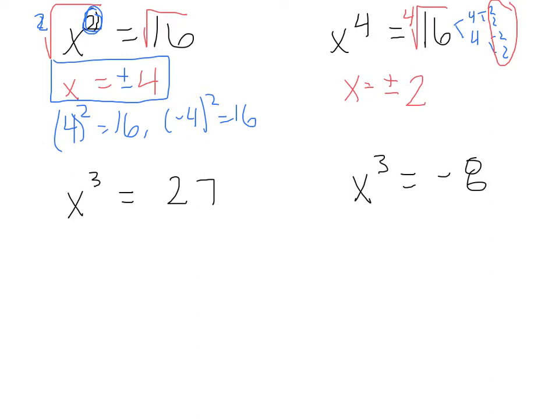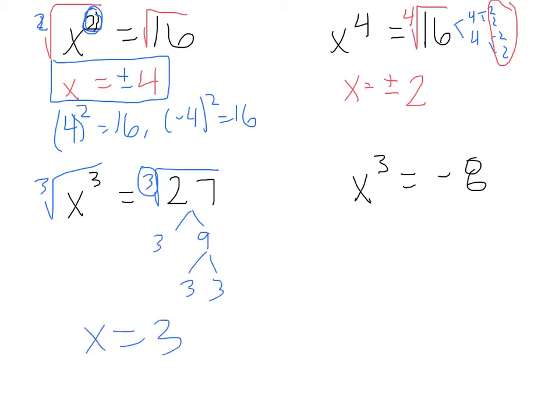So we talked about the third, or cubic, would be the third root. That's the opposite. Exponents and roots are basically opposite of each other. For an odd root, if it's a positive number, your answer should be positive. So in this case, this answer would just be 3.